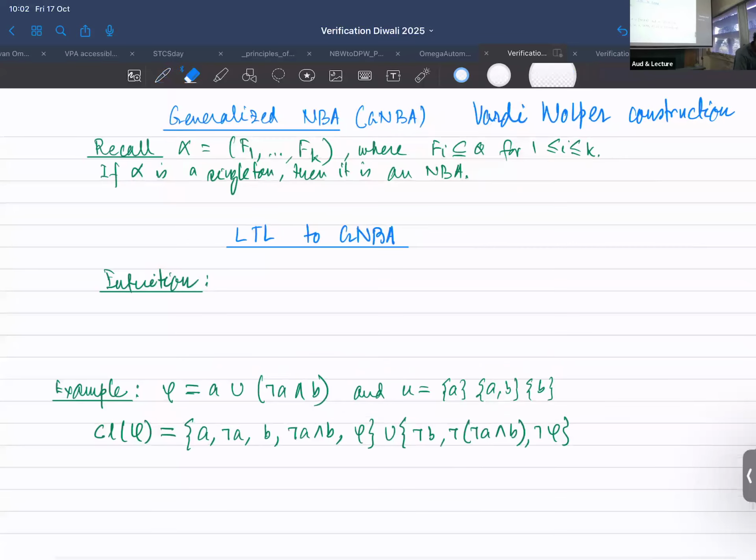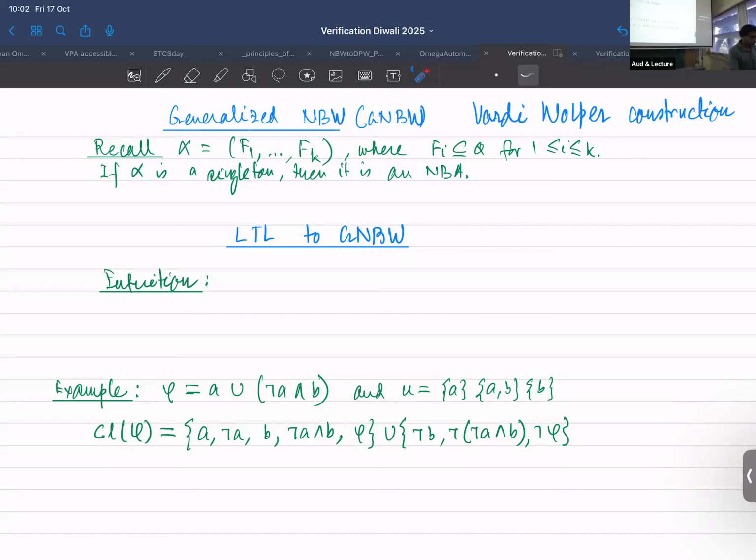Okay, so generalized NBW. Recall that a generalized NBW has some sets of states, and the idea is that if there are k such sets, then you would like to visit each of them infinitely often.